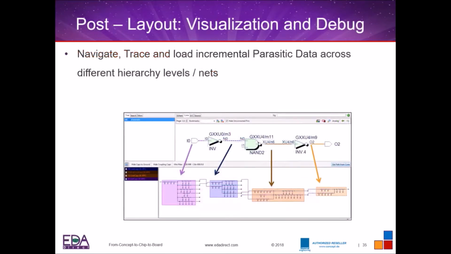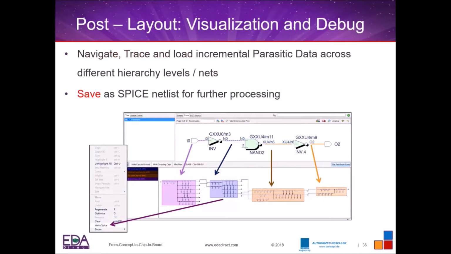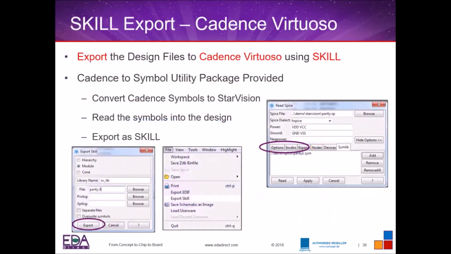We also have the ability to trace different nets. For example, this is illustrating another couple of branches, and we're using highlighting as an example. I also have the ability to write this out as a Spice file, a DSPF, or a SPEF, which you can use with your simulation tool to analyze just this particular branch.